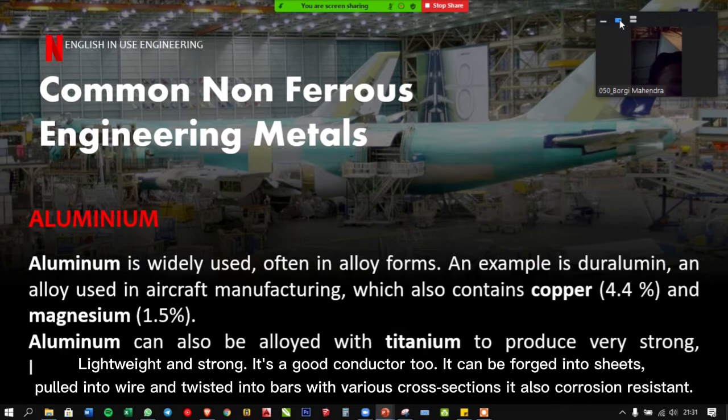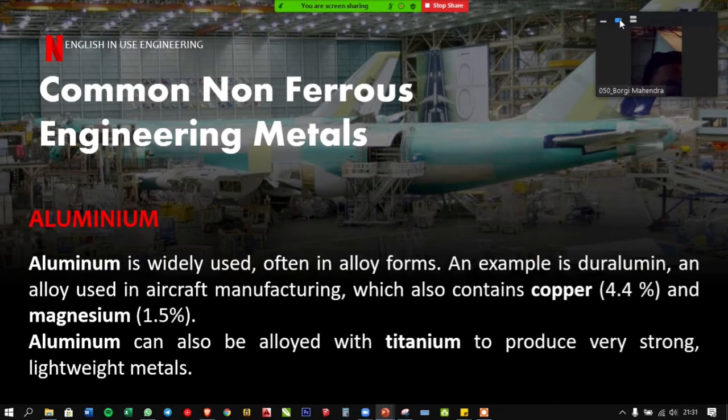It can be forged into sheets, pulled into wire, and extruded into bars with various cross sections. It is also corrosion resistant.